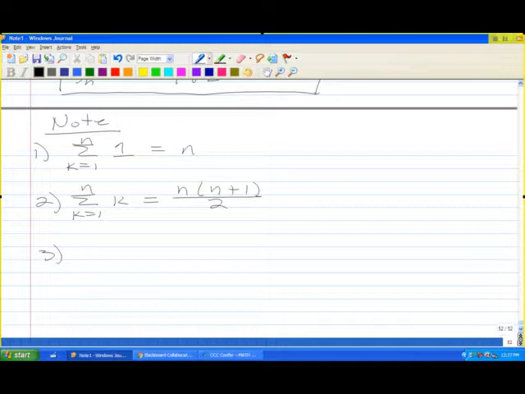The sum k equaling k sub 0 to n of a sub k plus the sum k equaling k sub 0 to n of b sub k equals the sum k equaling k sub 0 to n of a sub k plus b sub k.